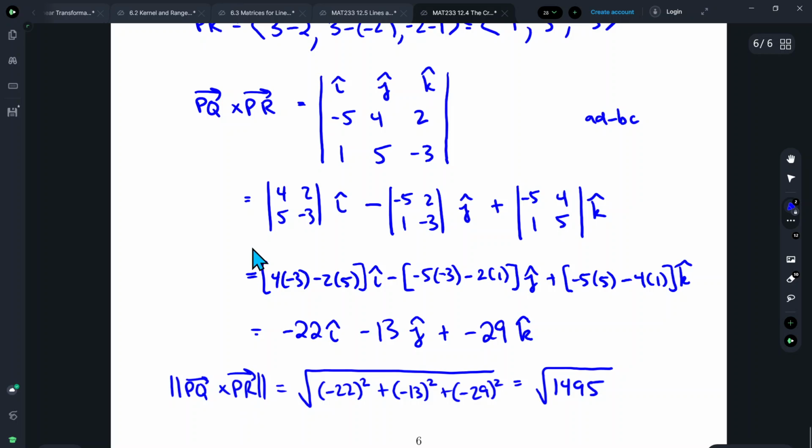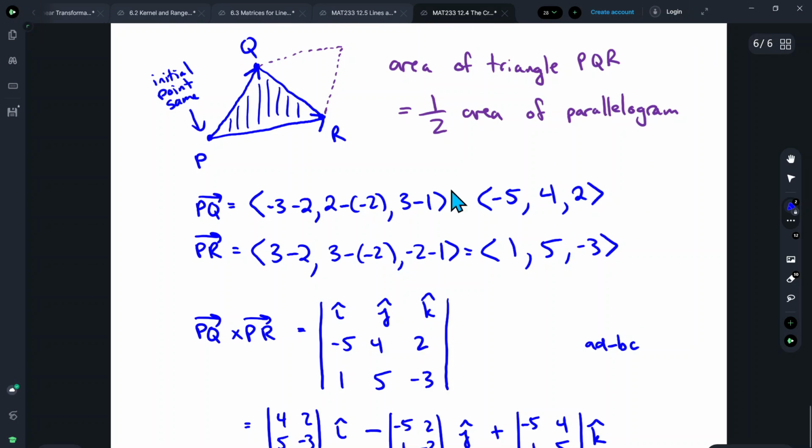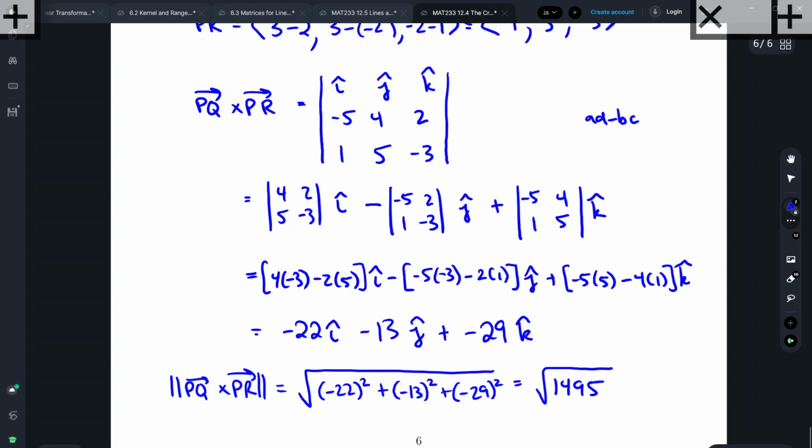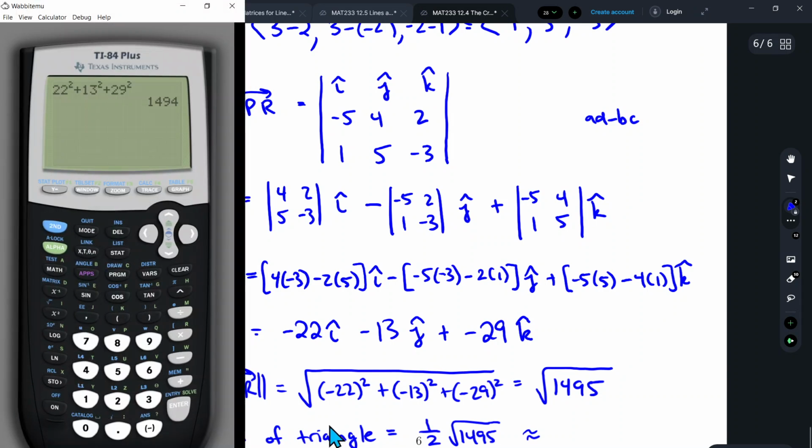Okay, so that's the magnitude of this. However, that's the area of the parallelogram, and I need the area of the triangle. So the area of the triangle is equal to 1/2 of this, which is approximately equal to the square root of 1494, the whole thing divided by 2.